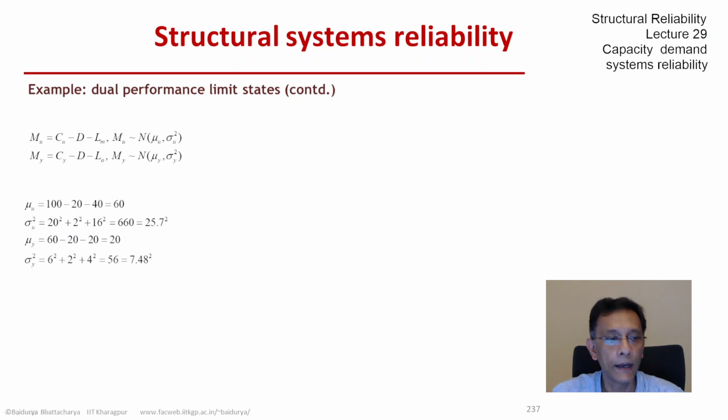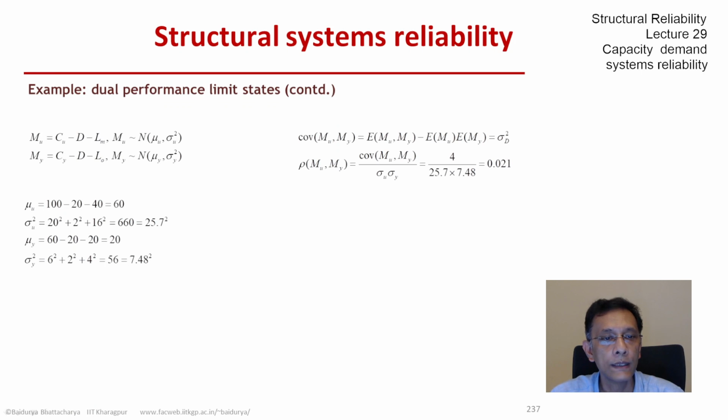I hope my numbers are correct. Now with this, one question was, what is the correlation coefficient between the 2 limit states? We find the covariance and divide that by the 2 standard deviations, and the answer is almost 0. It's about 2.1%, because D is the only common random variable there.